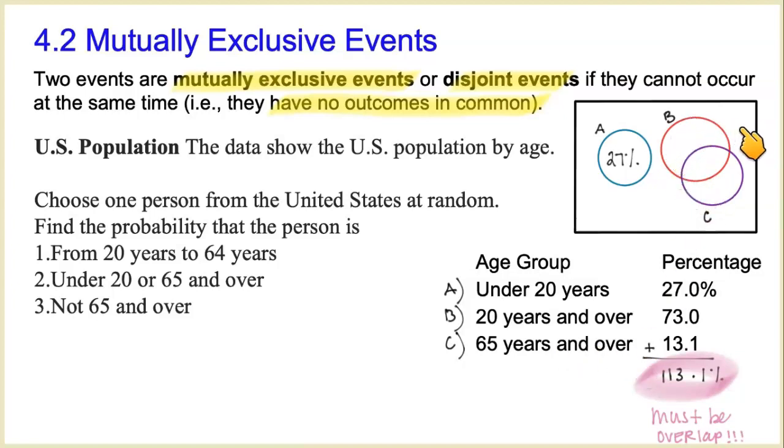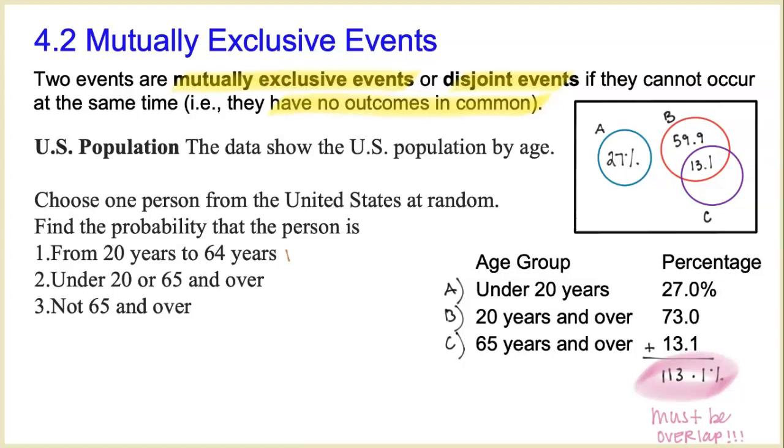So when we break down event B, part of that 73% is included within event C. If we subtract these two numbers, that will tell us the individuals who are in event B only, but not in event C. So mainly the percent of the population who's 20 years old to 64 years old.